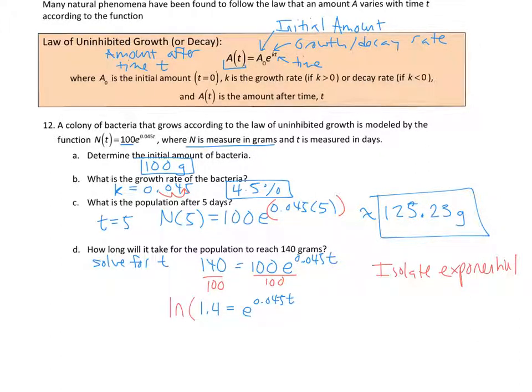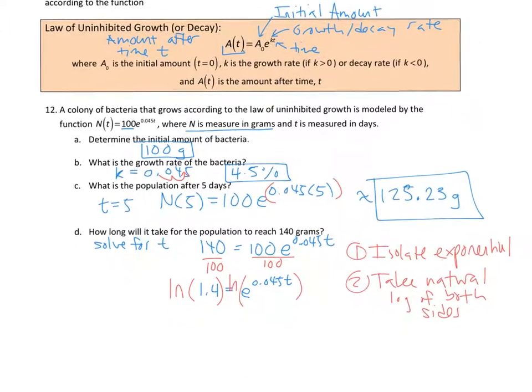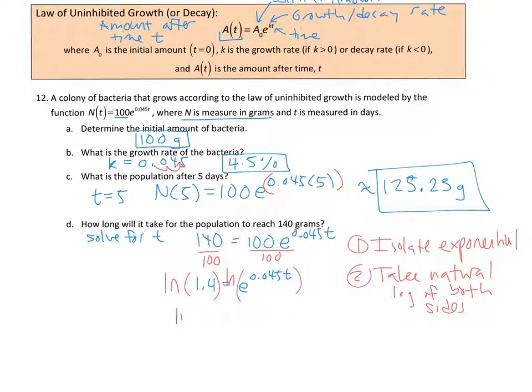So step 2 is to take the natural log of both sides. And we get the natural log of 1.4 is equal to, well, the natural log and e essentially cancel. Really, the exponent moves to the front.